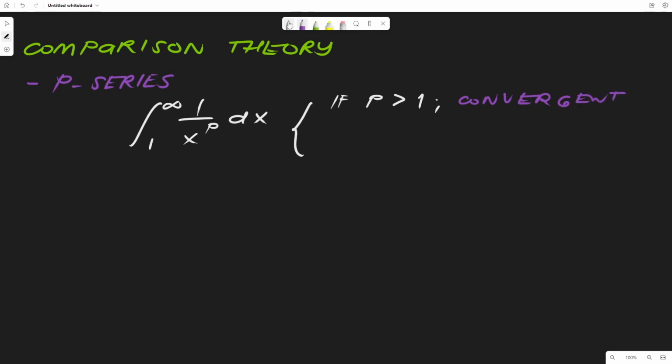If P is less than or equal to 1, it is divergent.